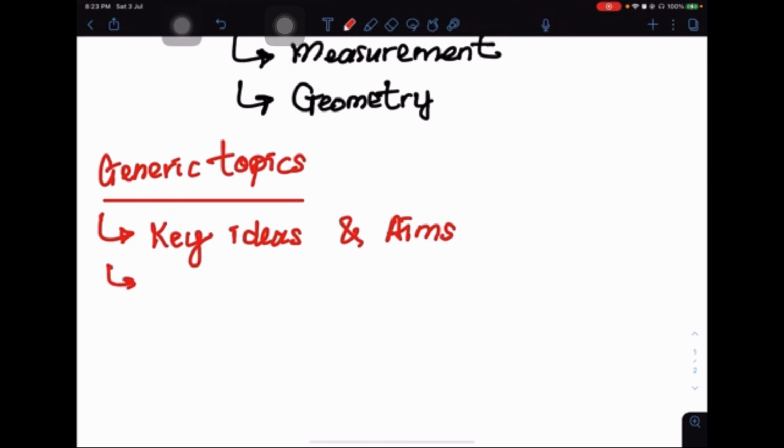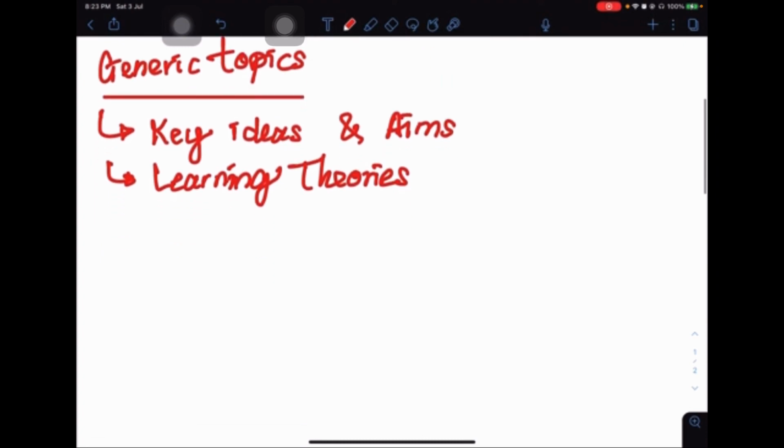And then we have the learning theories, and then we also have what we call the pedagogical principles.